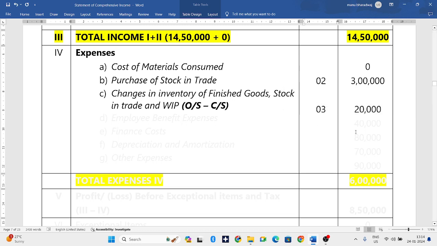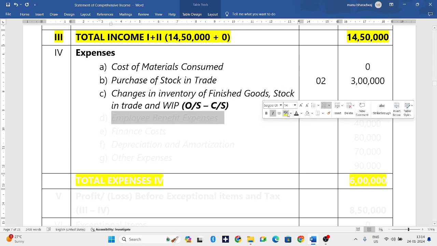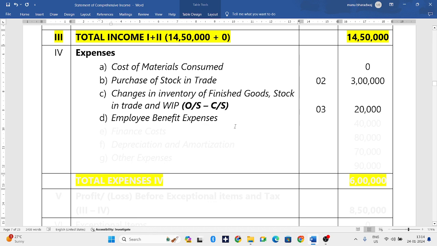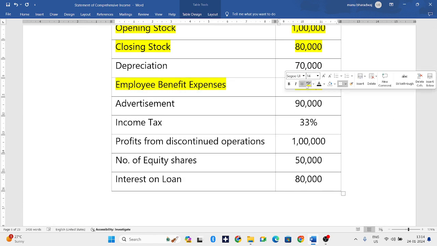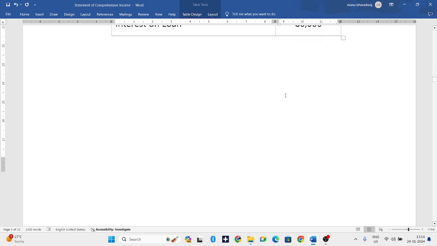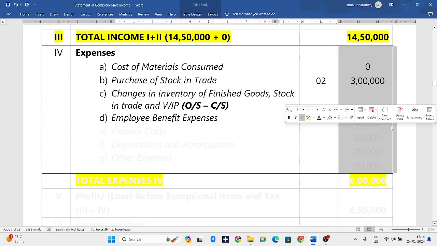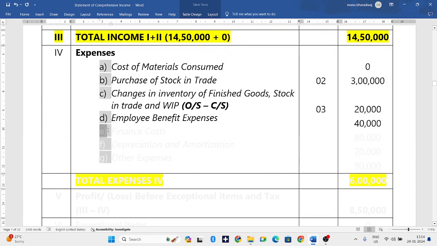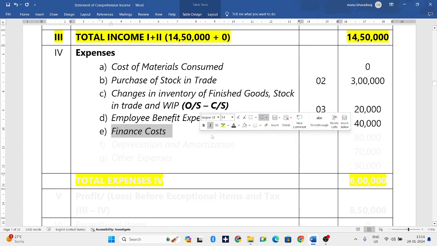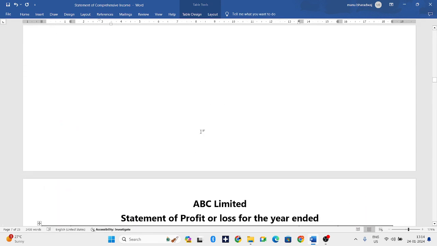The next expenses type is employee benefit expenses. Let us check the question. In the question they have directly given employee benefit expenses. It is 40,000 rupees. So that 40,000 rupees we will be writing over here. Next is the finance cost. Check in the question whether you have any interest on loan or interest on debentures.